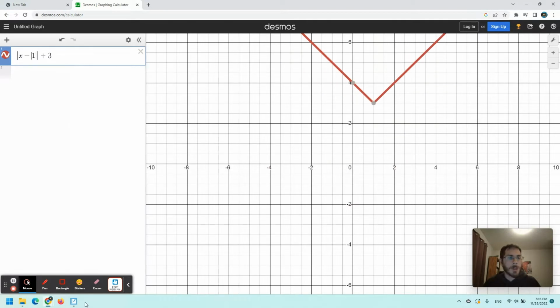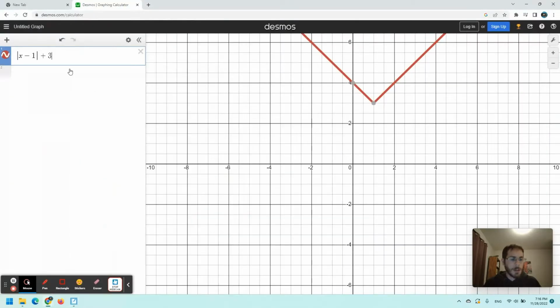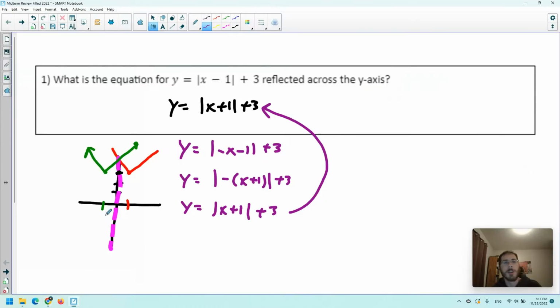That's our original, x minus 1 plus 3. And then what we can do is switch it either with a plus 1, and we can see we do get a reflection across the y-axis, or we can just switch this x to a negative x, and we do end up with the exact same graph. So it's kind of cool. So that's how to do number one. That's all about the transforms from before.